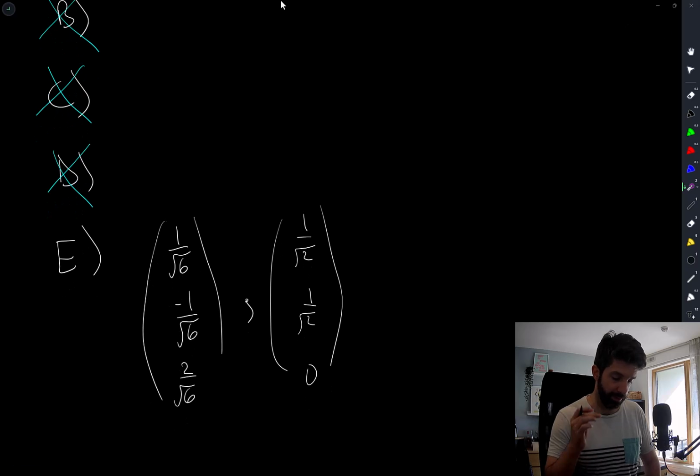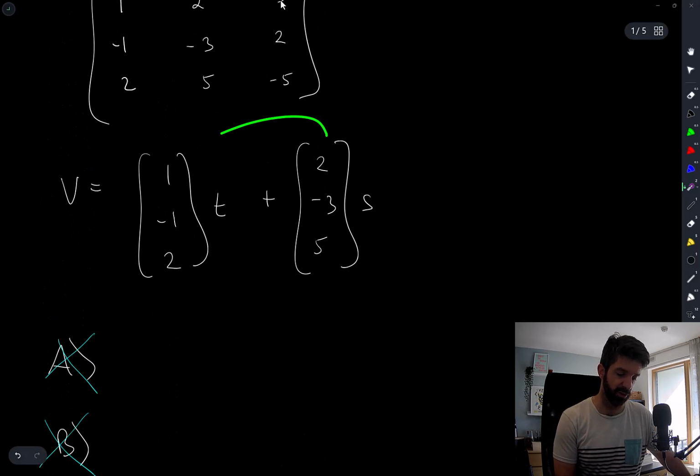What would the easiest way of doing that be? If we take the cross product of these two vectors, that gives us the direction which is not spanned. And the cross product of these two vectors gives the direction that they do not span.